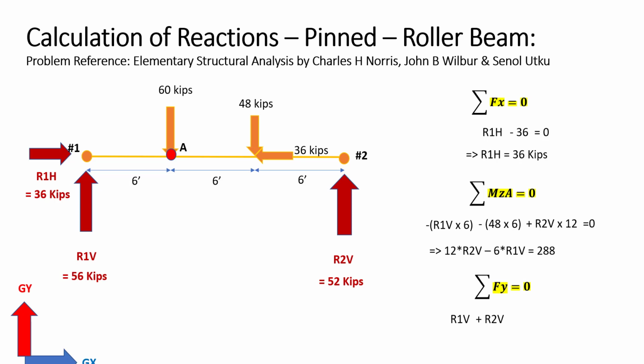The applied vertical loads would be minus 60 kips, minus because it's acting opposite to the positive direction of the global y-axis, and minus 48 kips for the same reason.